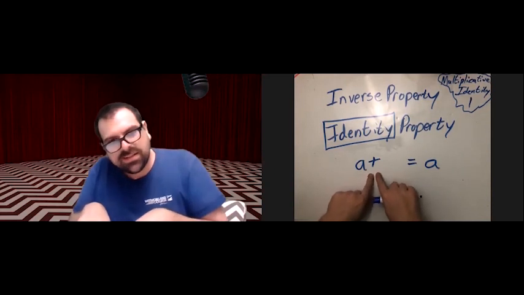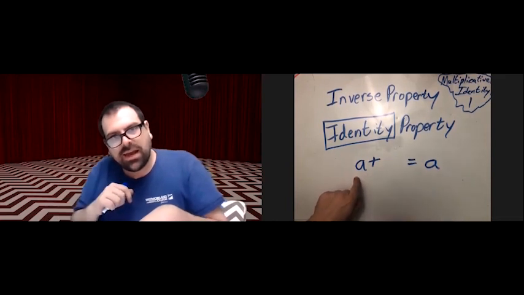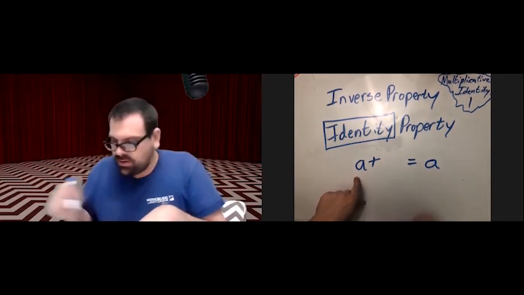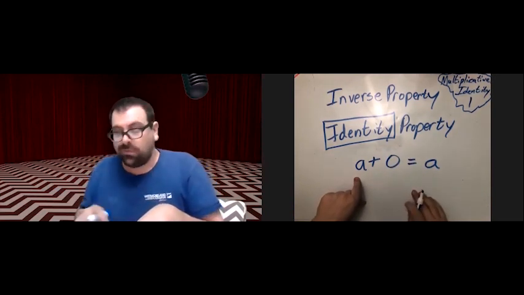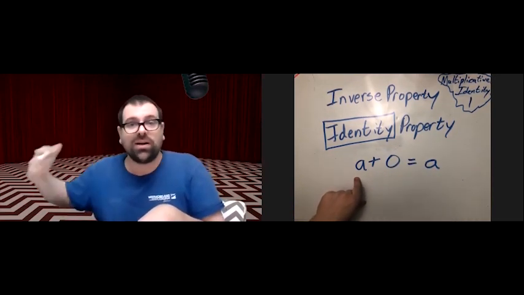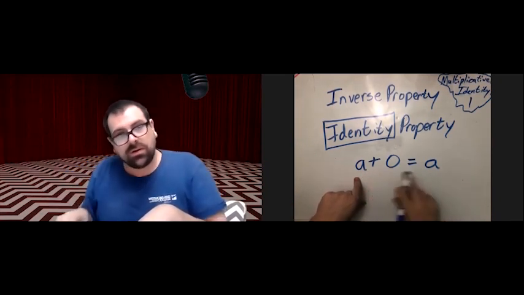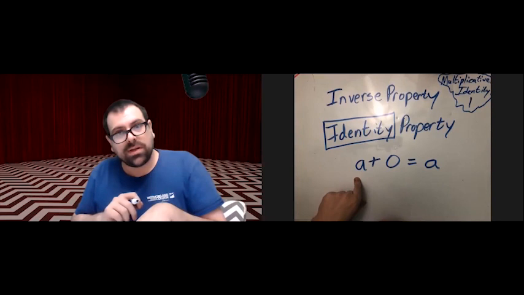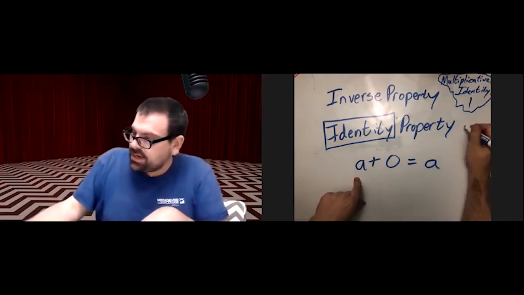What is the number that we can add to anything and get itself? 0. Wouldn't be 1. Anything plus 1 is itself plus 1. But anything plus 0 is itself. This is the additive identity.